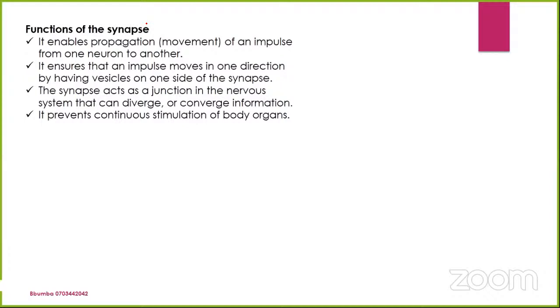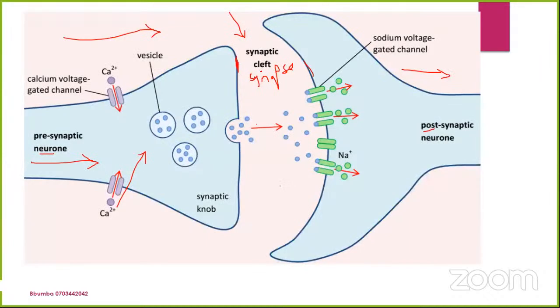One, it enables the propagation of an impulse from one neuron to another. That one looks obvious, but look at this second one. It ensures that the impulse moves in one direction. Why does the impulse move in one direction? These synaptic vesicles which have the neurotransmitter are only found in this presynaptic neuron.